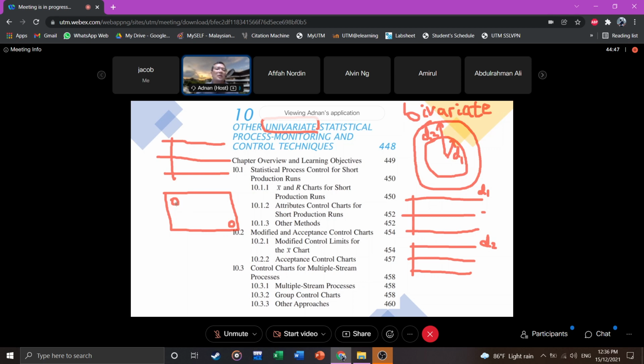So you need to concurrently monitor the diameter of this hole so that you can get a good fit. If we monitor each hole individually, it's not going to be good quality monitoring. The method that we have learned so far is not able to monitor this bivariate.